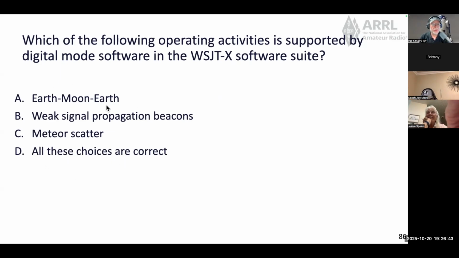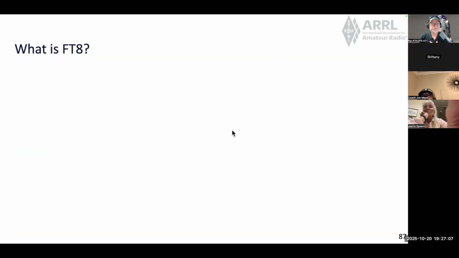Well, we talked about Earth-Moon-Earth. We talked about weak signal propagation, and we didn't really talk about meteor scatter, but that's when you have meteors hitting the ionosphere and ionizing it and causing signals to bounce off. So it's going to be D. All these choices are correct.